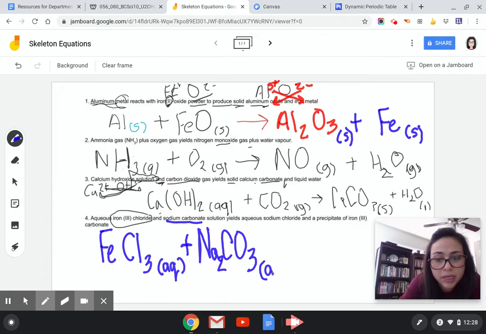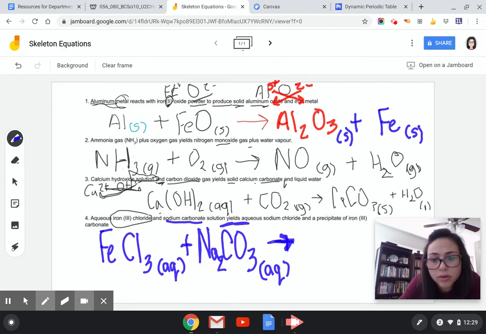It's not S, because S is the abbreviation of a solid. Okay, and it says it yields. So that's where our plus sign comes into play. And then it says aqueous sodium chloride. Now you know sodium chloride, so I'm not going to write that out. I'm going to just put the arrow here, because I got excited with all of the plus signs there.